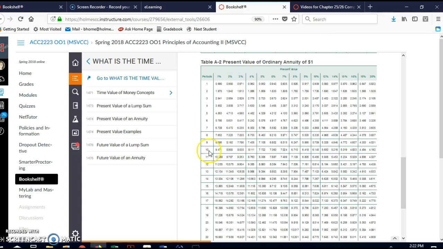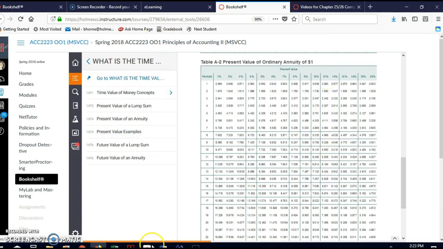But you're only going to be looking these numbers up in the 10 period row, because our period is 10 years. All these other numbers don't matter. Once you find where your number is, if it's 6.710, then we know automatically that the internal rate of return is 8%. If it's 6.3, then it's between 9 and 10%. So you just go across until you find your number or find where it falls in between, then look up at the percent.